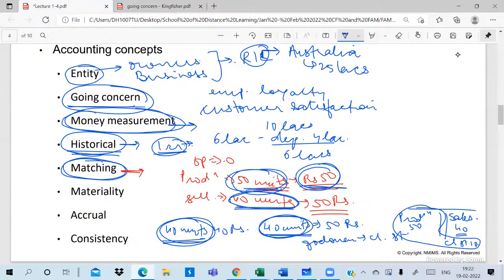Then I'll compare the 40 rupees of expense with an income of 50 rupees. And then I'll say, okay, I made a profit of 10 rupees. So this sale is for 40 units, but it is worth 50 rupees. So 40 units worth of sale is 50 rupees.